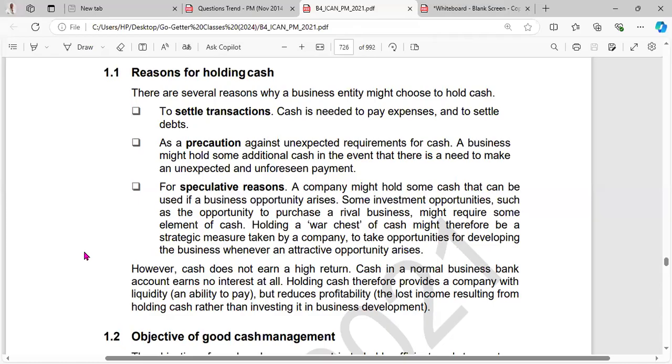The second reason is for precautionary reasons, against unexpected requirements of cash. It's just like people usually being precautionary when they see fuel becoming scarce.